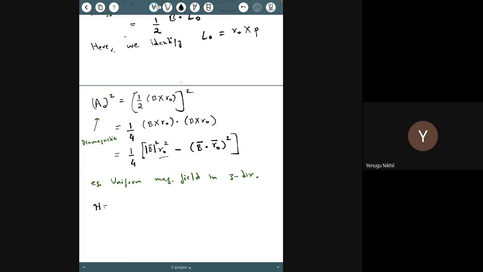I have H equal to H0, that remains the same. Then I have a B dot L0 term, so half B dot L0. So my field is now, let's see, the B vector is 0, 0, B.